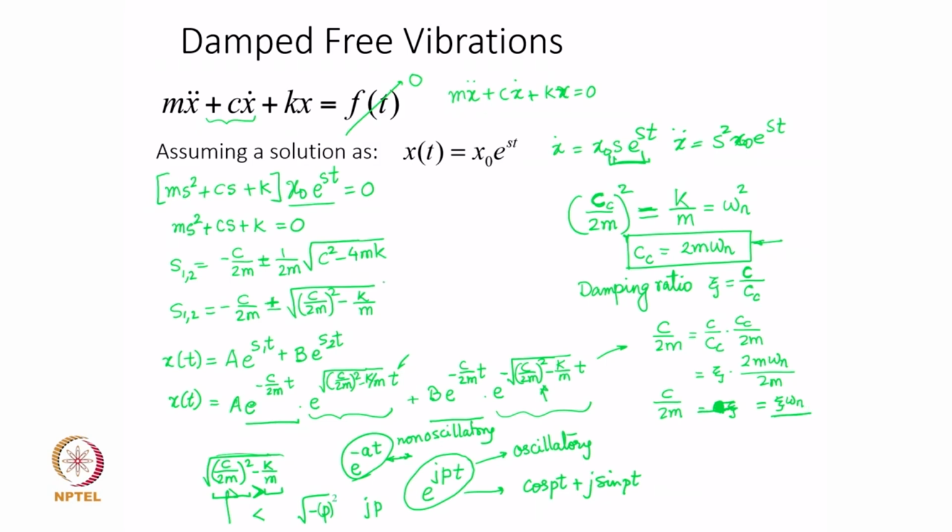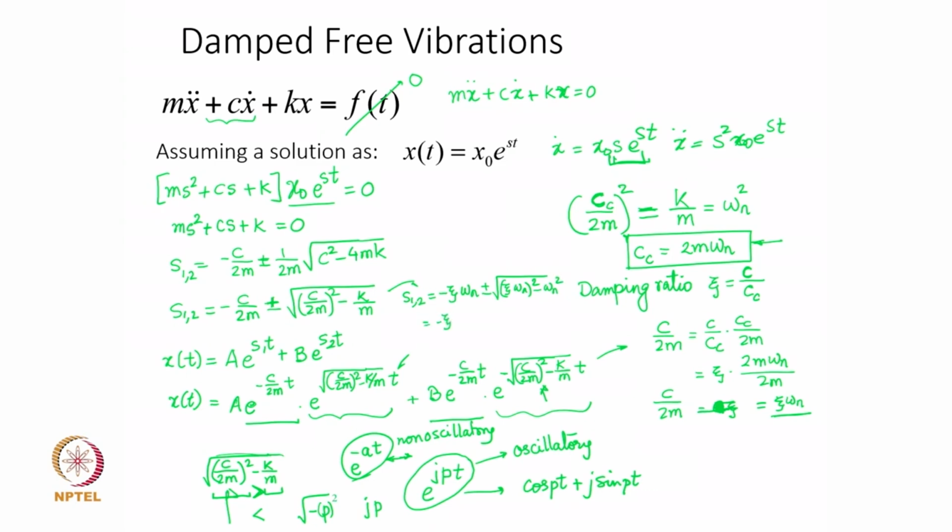Now, what I can do is write these two roots as minus C over 2m, which is minus zeta omega n, plus or minus the square root of C over 2m, which is zeta omega n, squared, minus omega n squared.